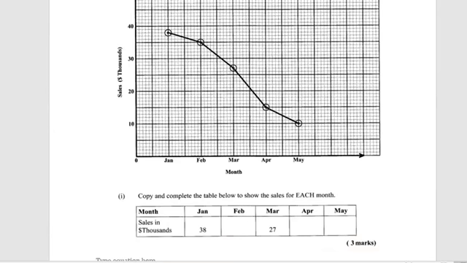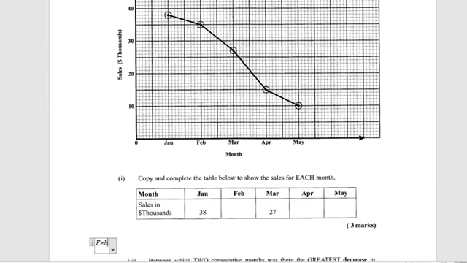So who is going to tell me what my sales for February is? 35. Which will be 35,000 because the figures are given in thousands of dollars. What would be my sale for April? 15,000. 15,000, which is what you'll write as 15.